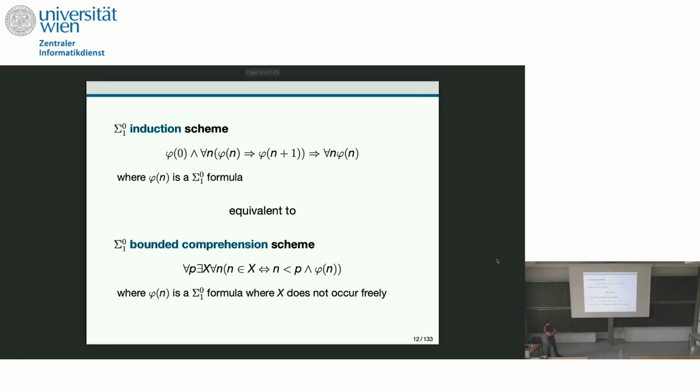The induction scheme is actually level-wise equivalent to the bounded comprehension scheme, which states not the existence of a set of all the elements satisfying the formula, but of all the initial segments of such a set. And somehow, restricting the induction scheme restricts the complexity of the finitary objects of your model. That's how you can think of it.